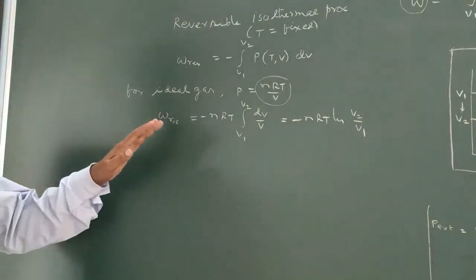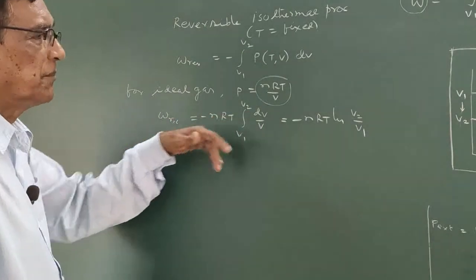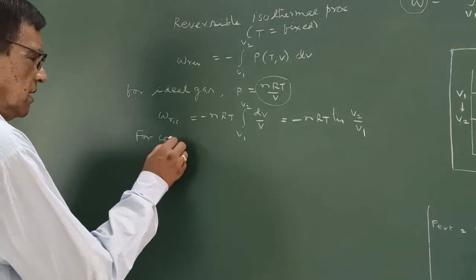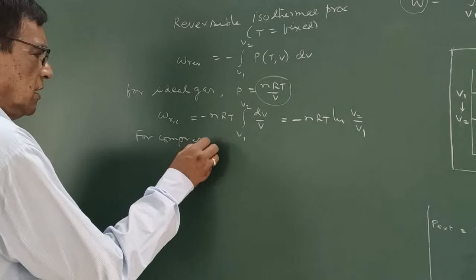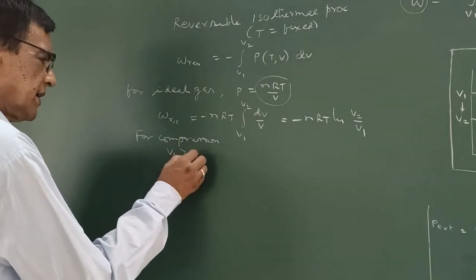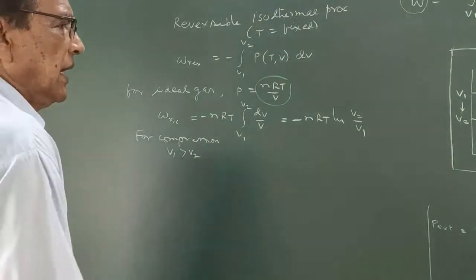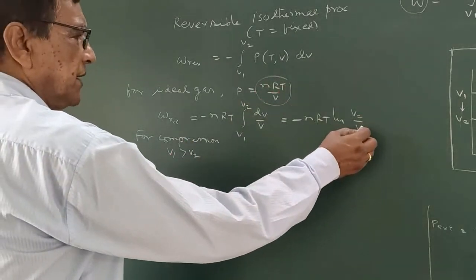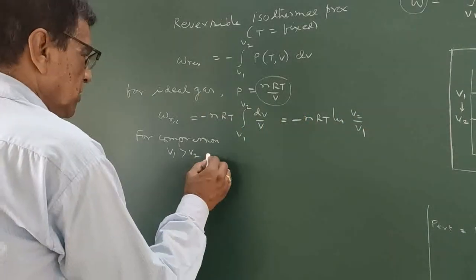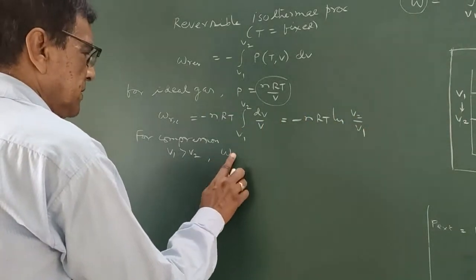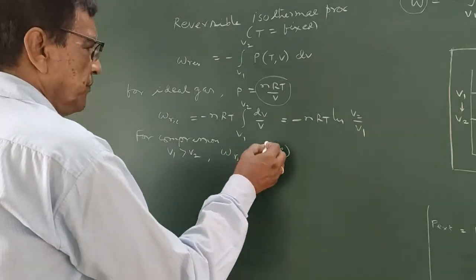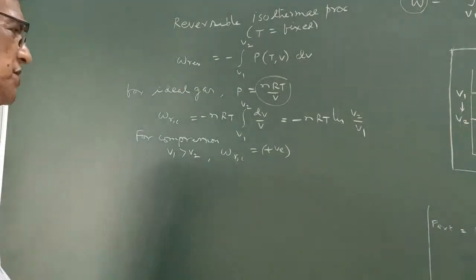For compression, V1 is greater than V2, so the logarithm is negative. So W reversible isothermal is positive, meaning work is done on the system.